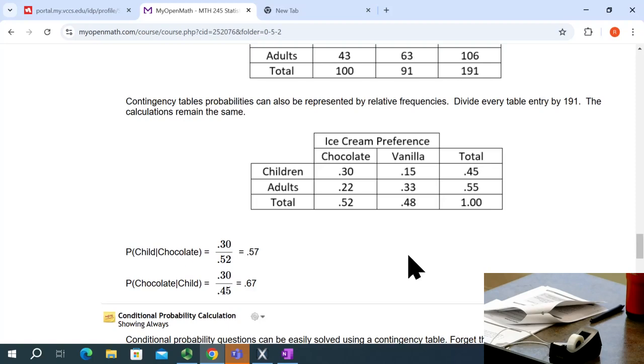Here, the probability of a child, given that they are in the chocolate column, is 0.3 over 0.52. So the given condition restricts the probabilities to a row or a column.